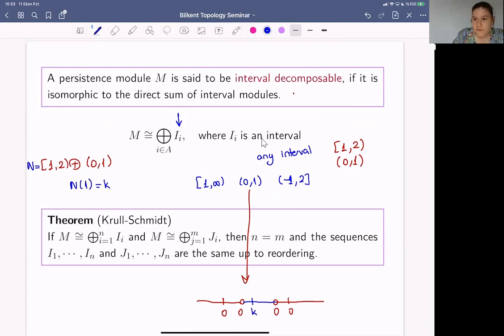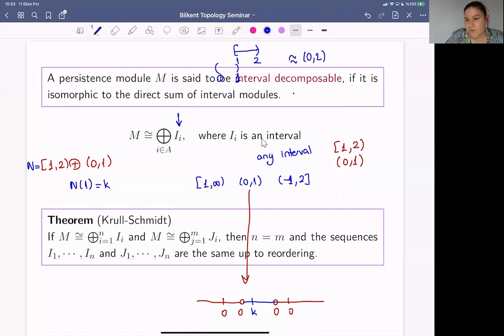I mean, it will be isomorphic to 0-2 in this case, because when you consider the direct sum of this, 0 and 1, and 1 and 2, it will be isomorphic to 0 and 2.